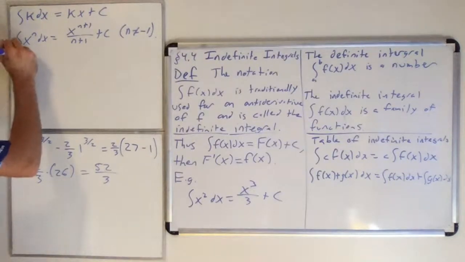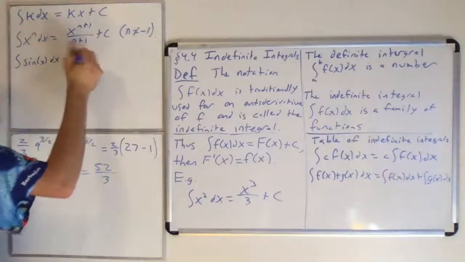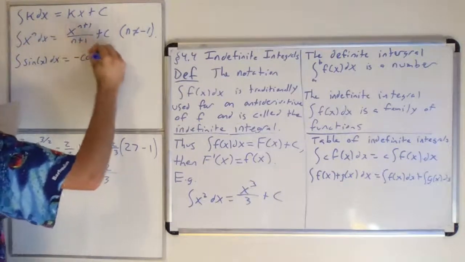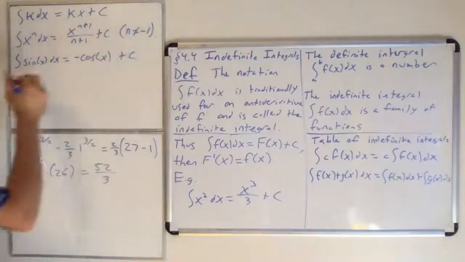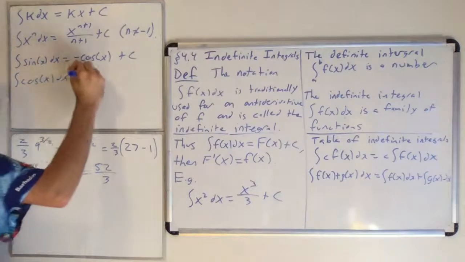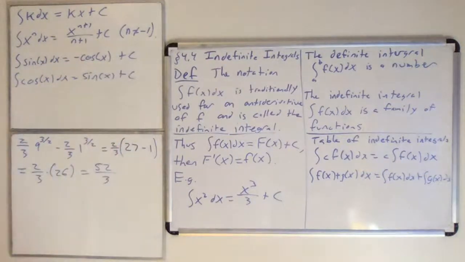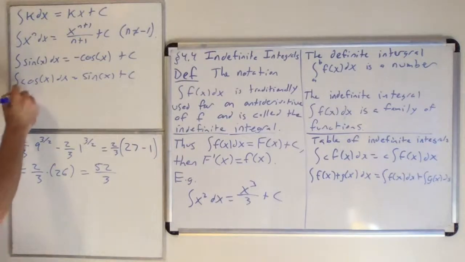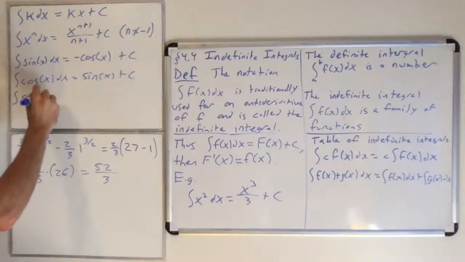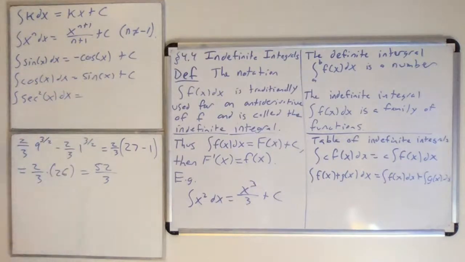The integral of sine of x is negative cosine of x plus a constant. The integral of cosine of x is sine of x plus a constant. I know I'm going quick, so slow me down if there's one you want me to go over in more detail. But again, we wrote these down before.